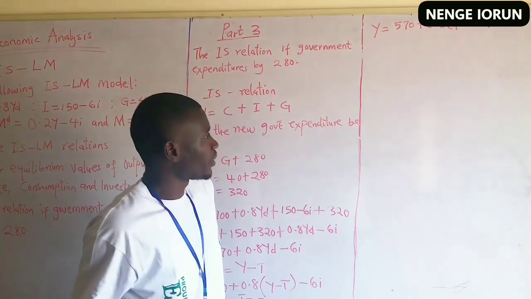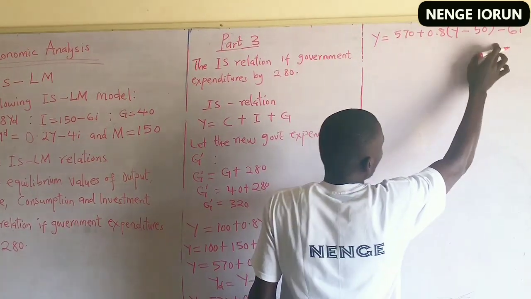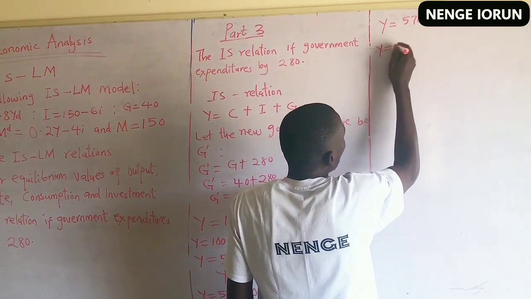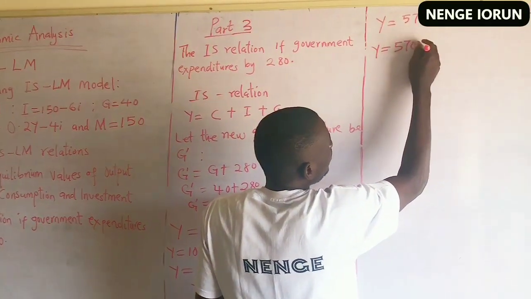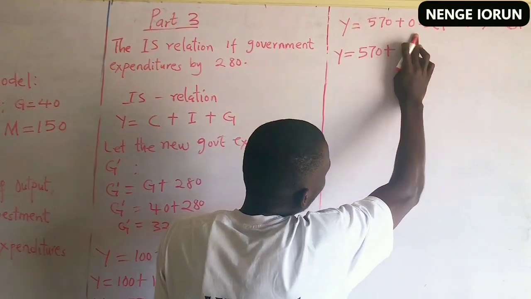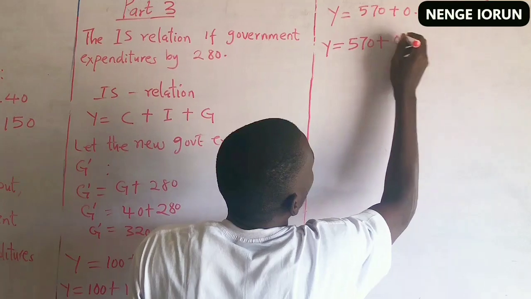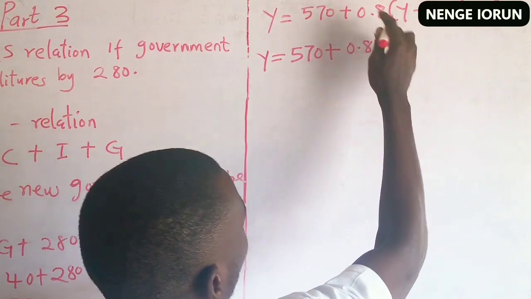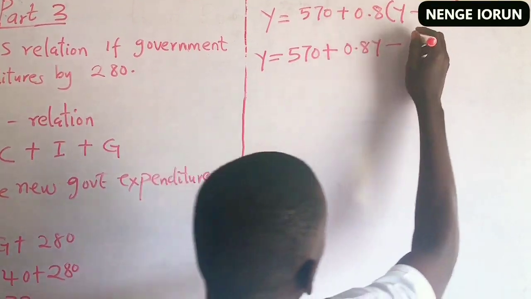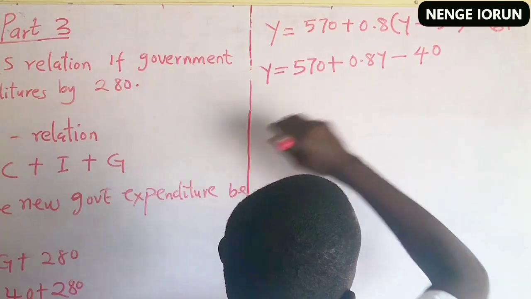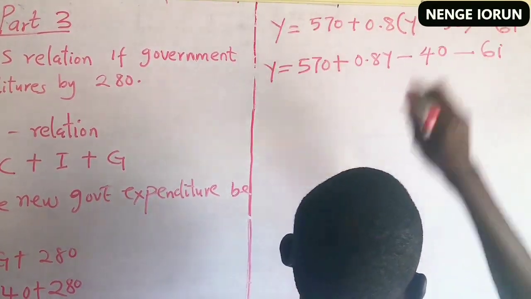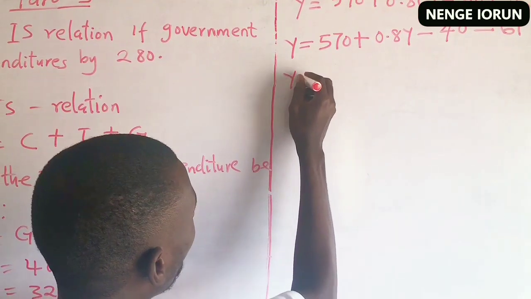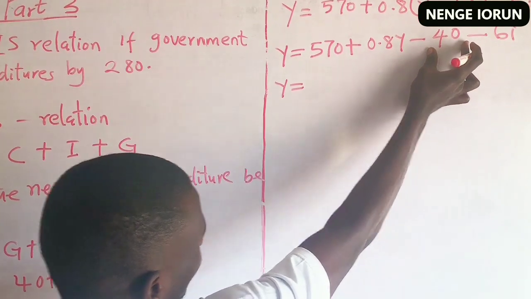So going by BODMAS, we are going to remove this bracket. Since we cannot simplify what is inside this bracket, we remove it. You have Y is equal to 570 plus 0.8 times Y. You have 0.8Y. Positive times negative, you have negative. 0.8 times 50, you have 40. Then minus 6i. So we are still going to rearrange in such a way that you put the constants together.